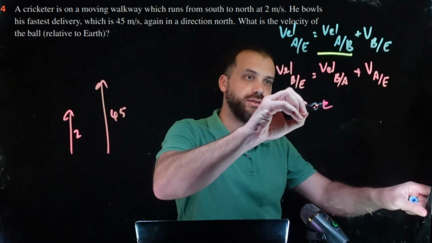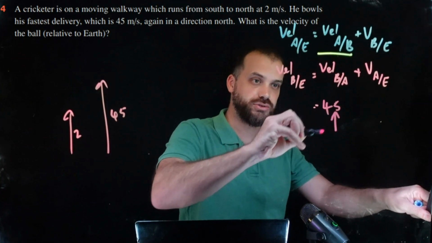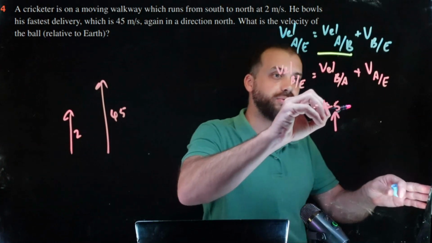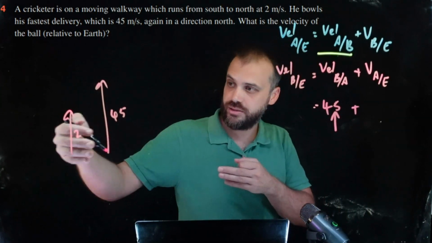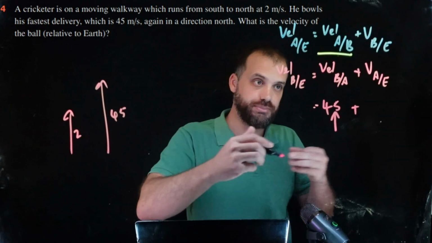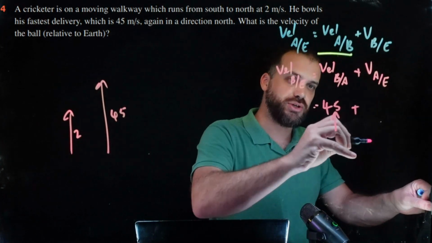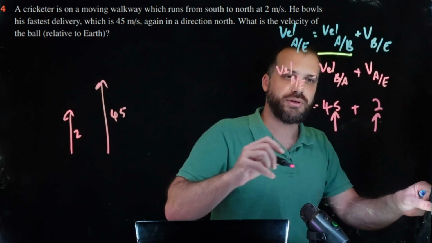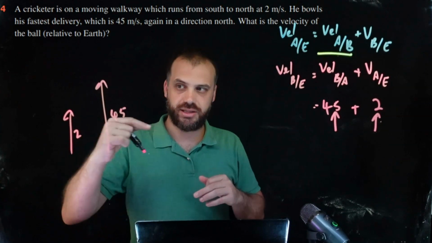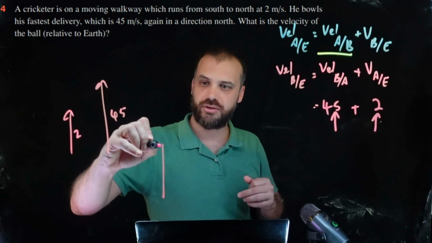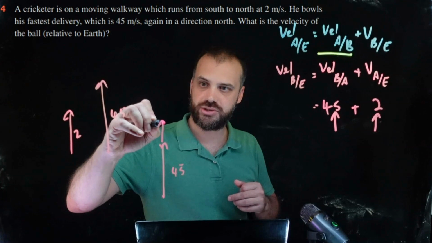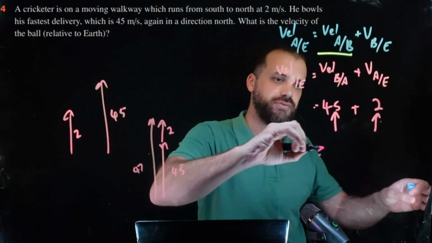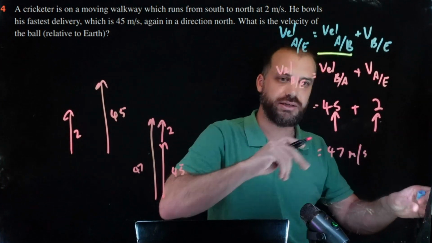So that 45 meters per second in that direction is how fast the ball's travelling. But we've got the addition of that walkway. That walkway is also going to add some to it. The walkway with respect to Earth. So the A is like the walkway. When we add two vectors like that together, 45 plus 2, we get a total answer of 47 meters per second.